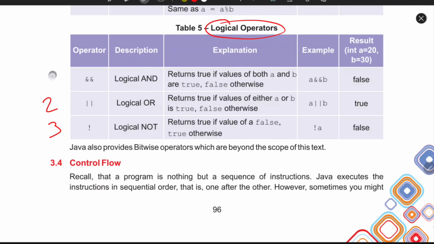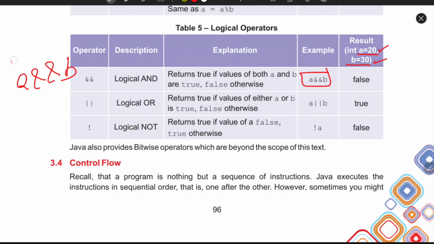So these three operators work like this. If you have value A equals 20 and B equals 30, so these two values are different. If I write it this way, A double AND B, that means the value of A is 20 and the value of B is 30. So how does it work?